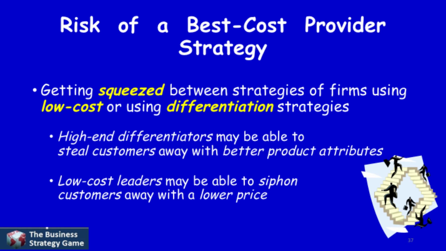And at the same time, on the other hand, you may be squeezed by the differentiated product that has sufficiently different and valuable differentiation characteristics that they can hurt you on the area where you're trying to be differentiated.